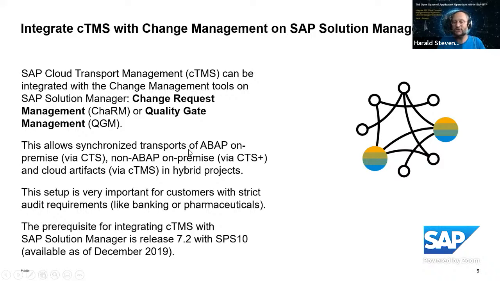This is the Git-enabled CTS. This currently requires a separate type of change document, which is not compatible with the CTMS transports. So if we look into the overall combinations which are possible, we have the ABAP transports, the non-ABAP transports with CTS Plus, and the cloud transports with CTMS.